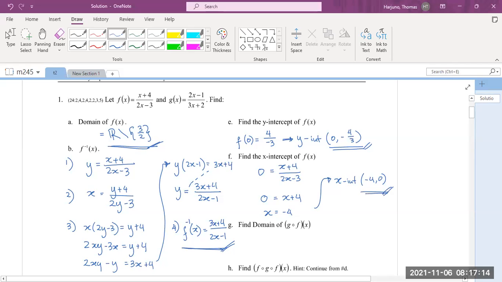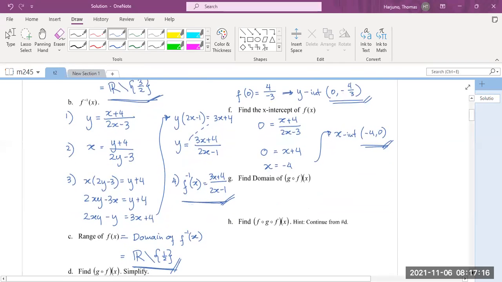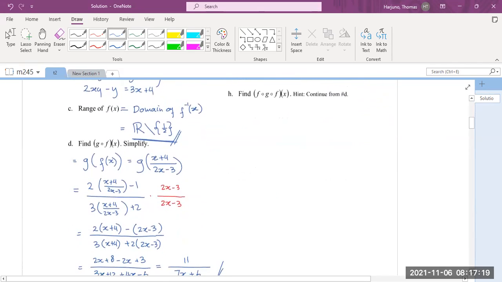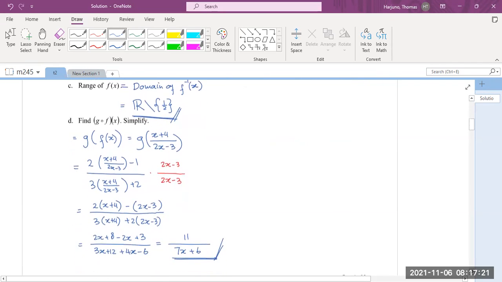The second from last part: what is the domain of G compose F? We did G compose F earlier. So this is G compose F. The domain will be all real numbers except when the denominator equals 0, right?